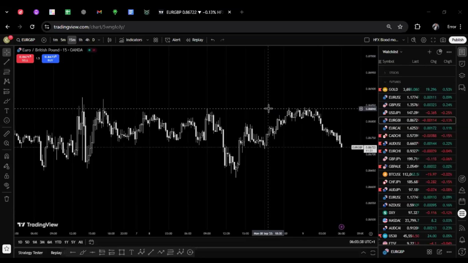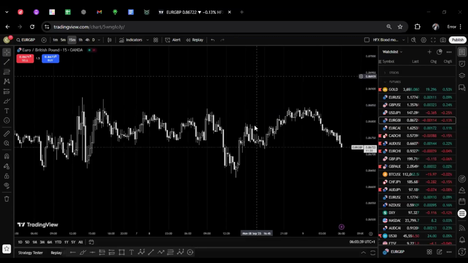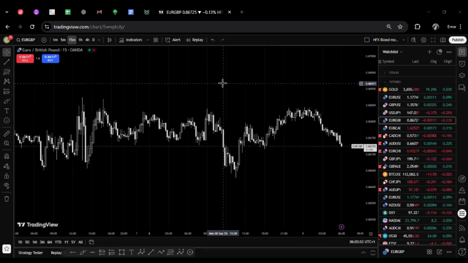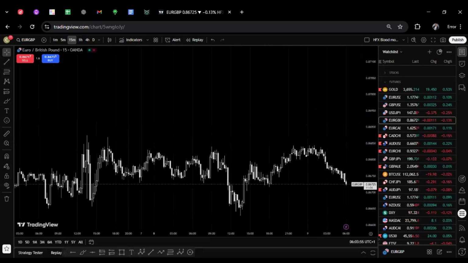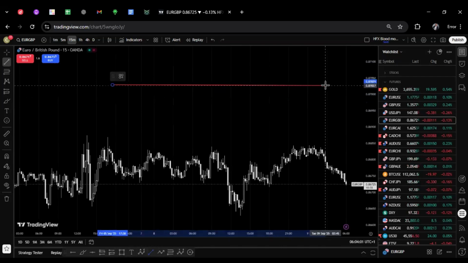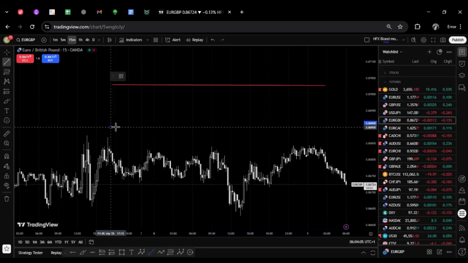Number one is to know the market condition you're faced with. We have, number one, the ranging market, where you have a particular zone. It can also be called a price trap.